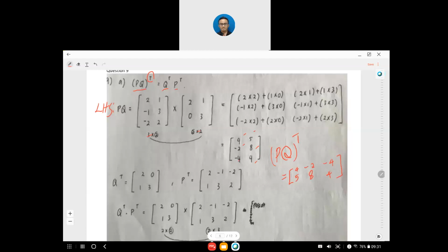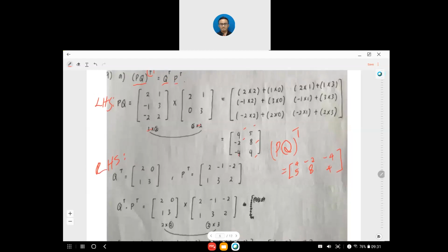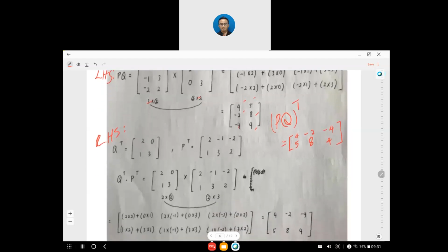Next, you need to find what is the right hand side. Q transpose times P transpose. So this one is Q transpose. Q transpose becomes 2013, and then P transpose becomes 2, negative 1, negative 2, 1, 3, 4.